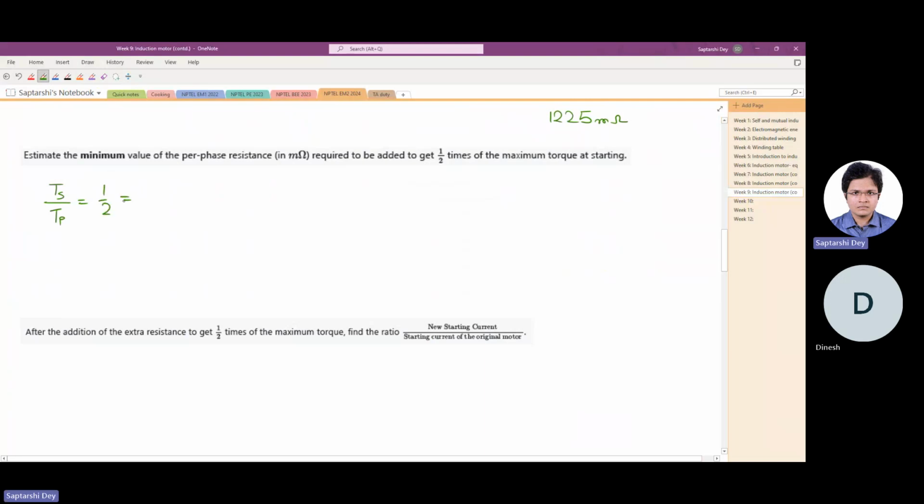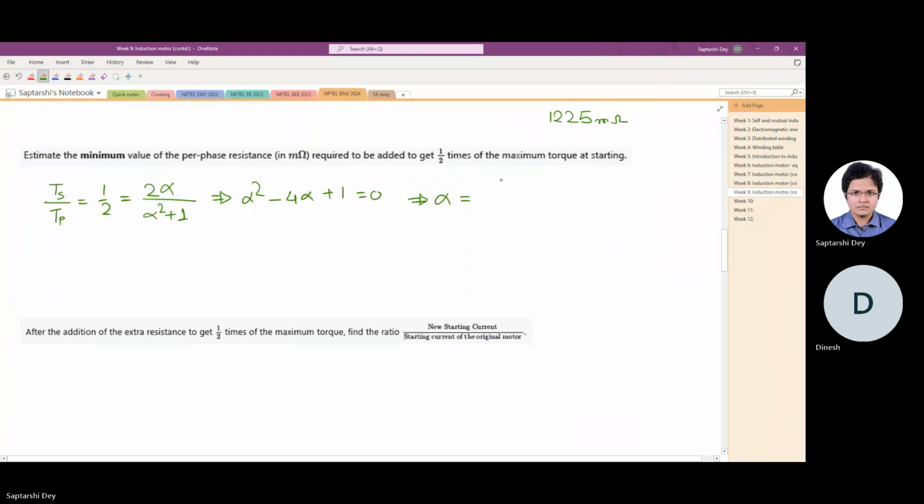And we know that at starting S is equal to 1. So 2 alpha by alpha squared plus 1 is equal to 1 half. So what we are left with is alpha squared minus 4 alpha plus 1 is 0.